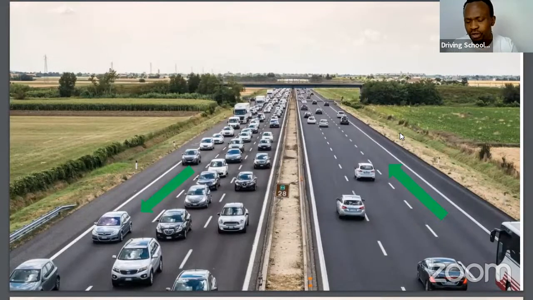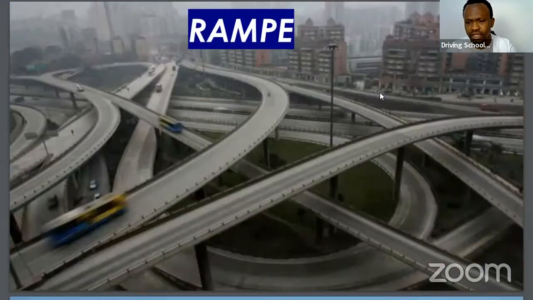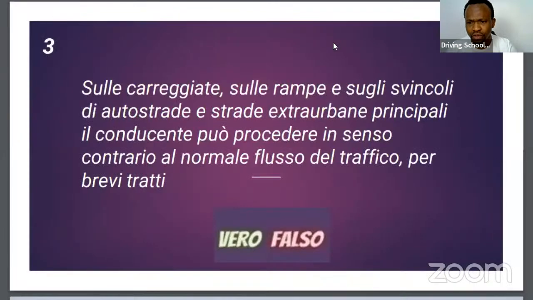The question is telling us that you can drive because, like I was explaining, the flusso della circolazione, let's go back to take note of that again, because this is what we want to figure out.